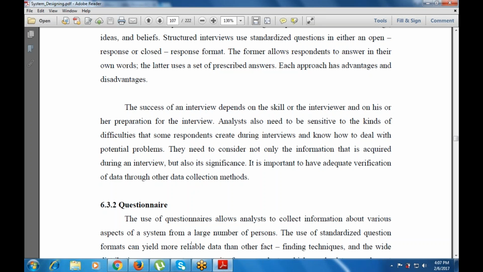What are the various potential problems to be dealt with? They need to consider not only the relevant information gathered during an interview, but also its significance and importance. It is important to have adequate verification of the data, which is required through other data collection methods also.